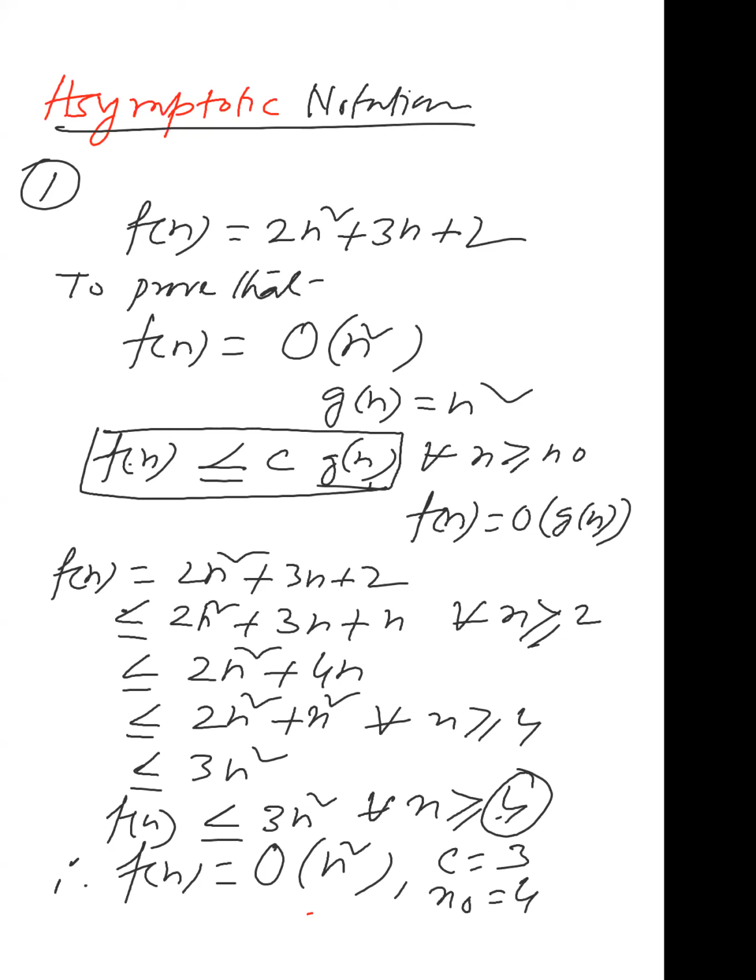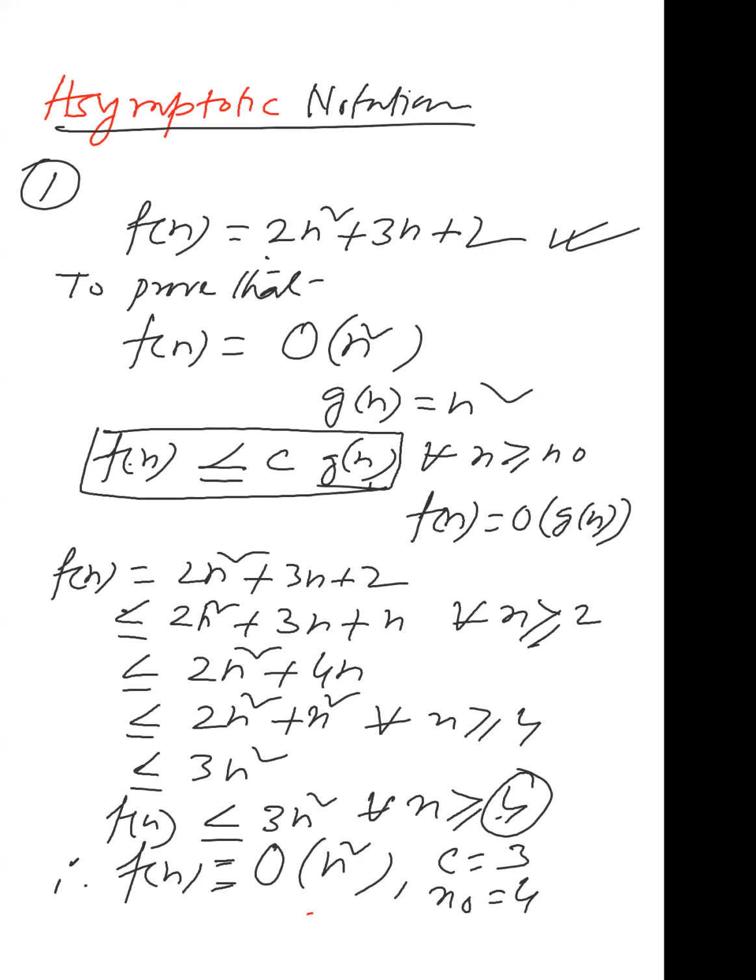So in this way, how do you determine the time complexity of any function or any algorithm? From an algorithm we can determine the function, and if the function is given directly, we can find the time complexity in big O notation, big O of n square. Normally, if it is a quadratic function, its time complexity will be quadratic, order of n square.